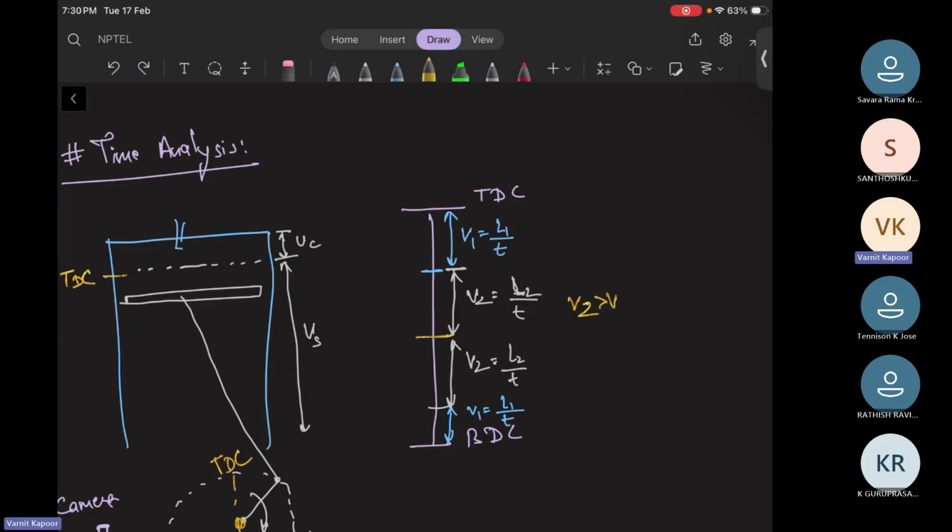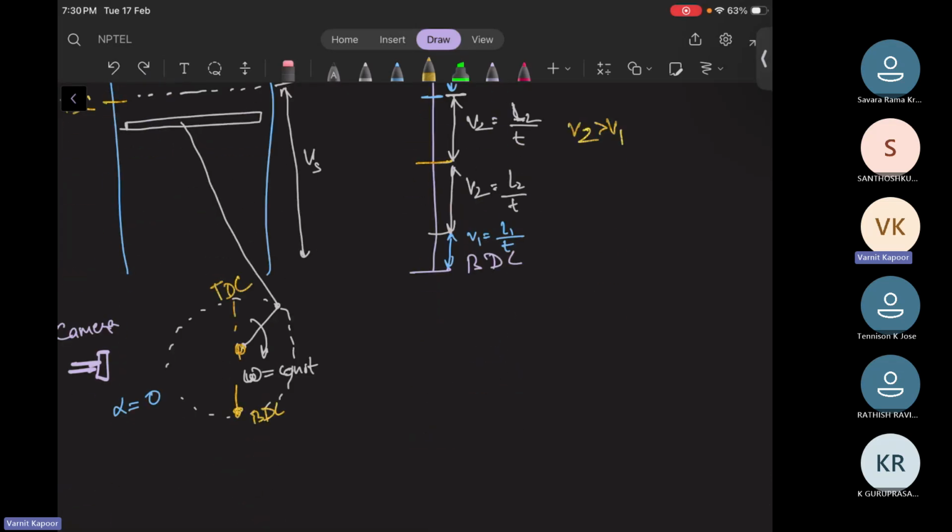So this was the reciprocating motion of the piston. What was happening on the rotating part, that is your crank rod? Let me make it.